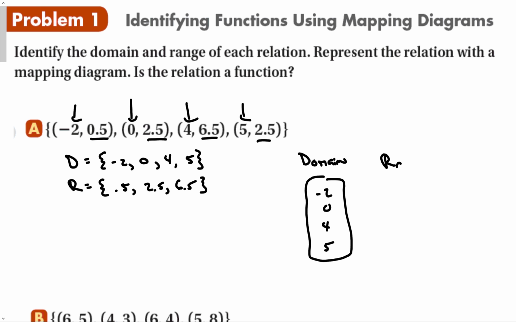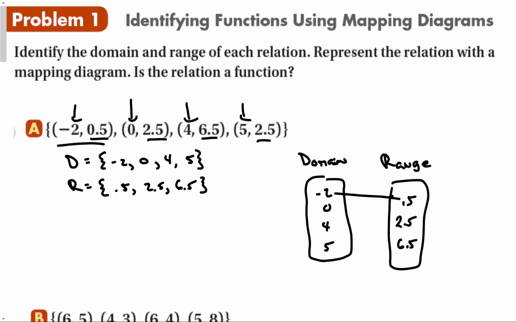And my range, all right, we're going to make another little box, and my range goes from 0.5, 2.5, and 6.5. And I'm going to simply map which one goes with which one. So from my first point right here, -2 goes to 0.5, 0 goes to 2.5, 4 goes to 6.5, and 5 goes to 2.5 as well.